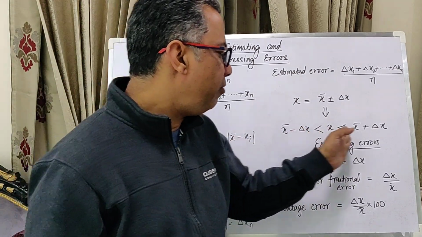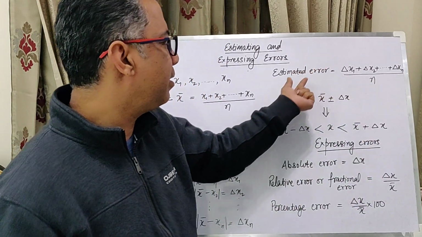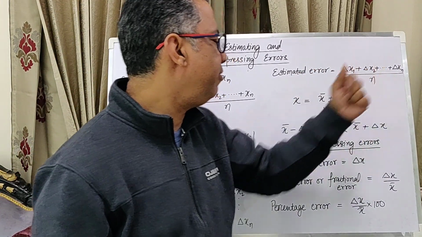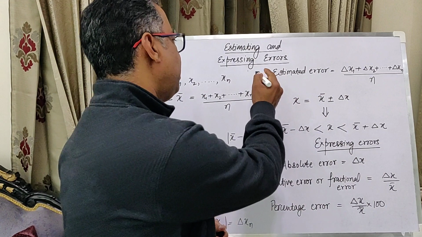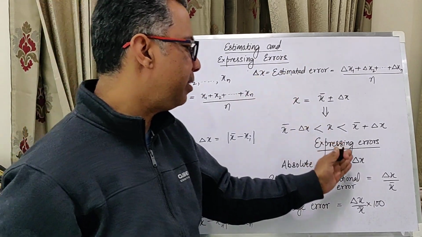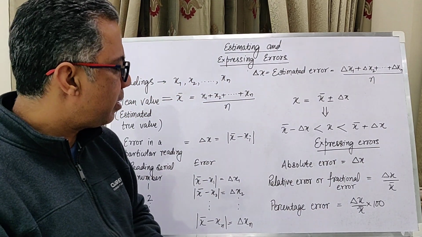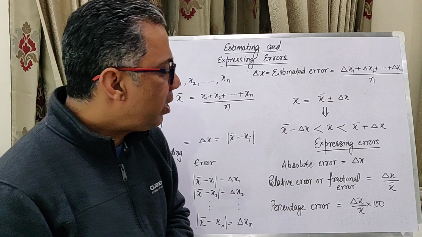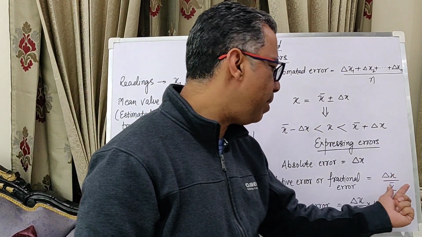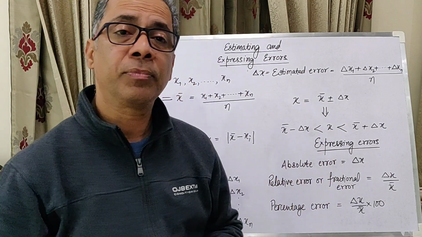Now, the way we express errors: if we just express the error as this delta x that we've estimated, we say we've expressed the absolute error. If we divide delta x by x bar, we call it the relative error or fractional error.